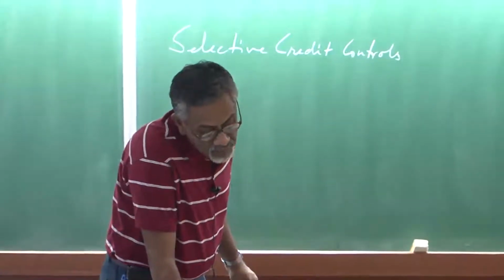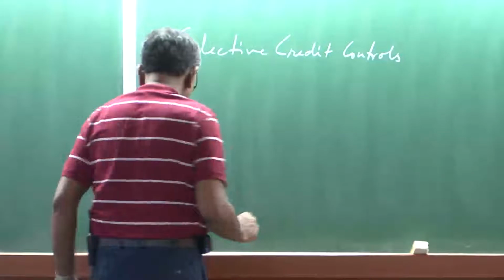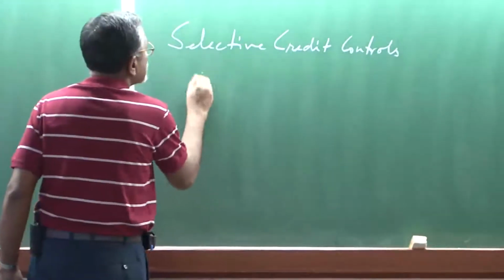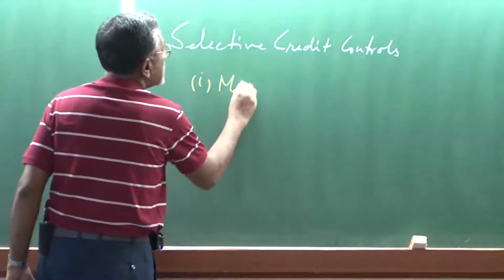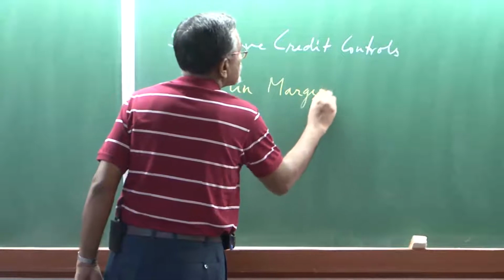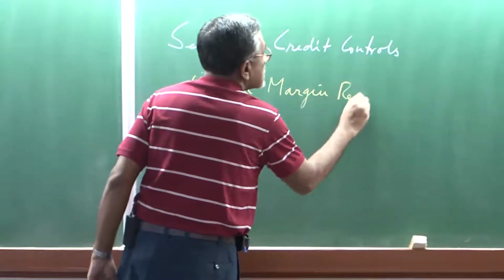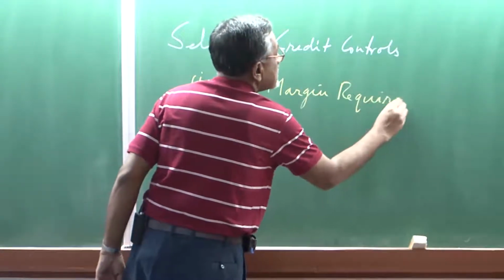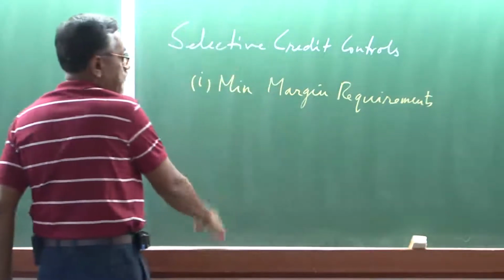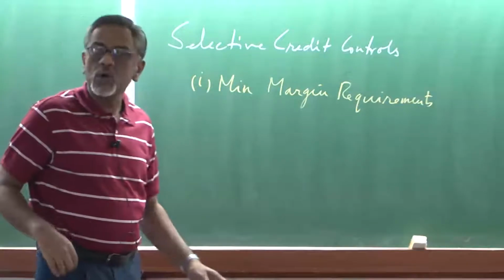are the following. Number one, minimum margin requirements. This is one kind of guideline that used to come. Now, it can be various margin requirements.